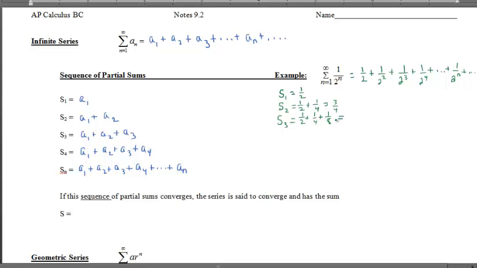Getting a common denominator of 8, when I collect, I would get 7/8. Now look at the fourth partial sum. That would have us add a 16th. If you got a common denominator and added everything, you'd get 15 over 16. I see the pattern. So what's the nth partial sum of this specific series?